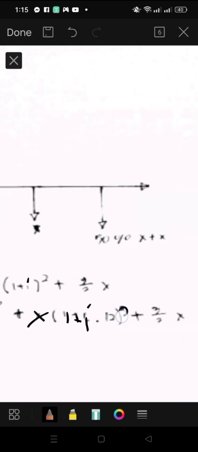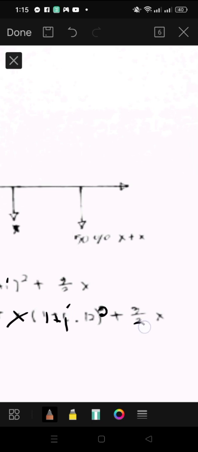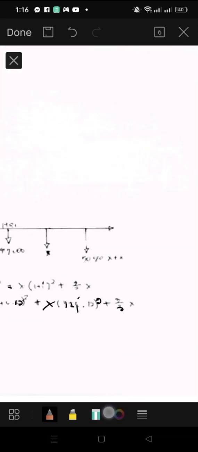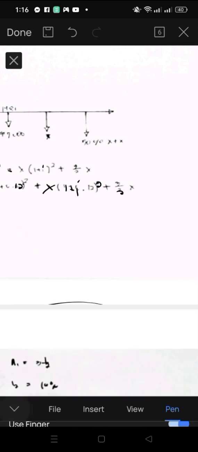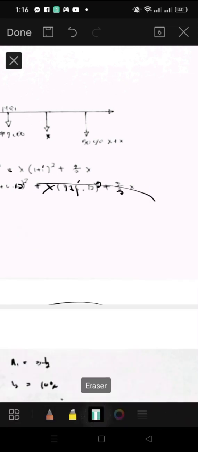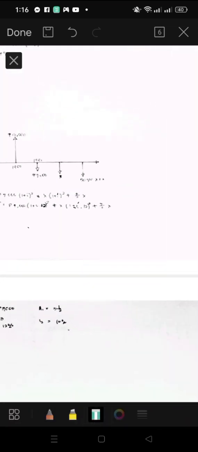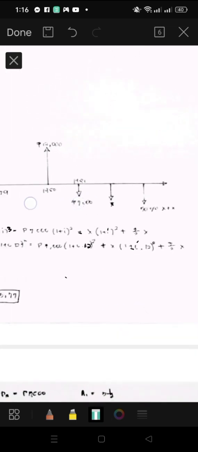So in order to find the value of x, we substitute i, which is 12% or 0.12.